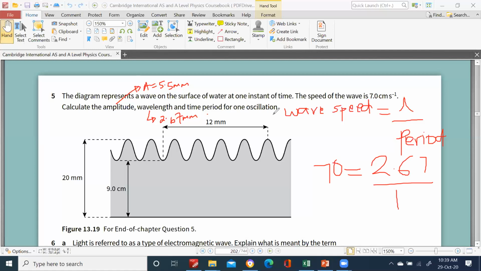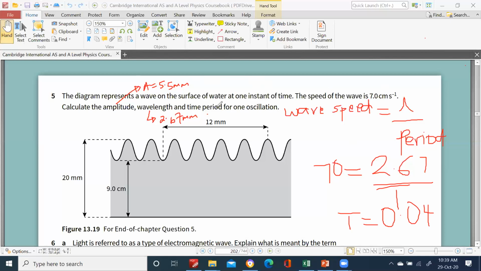Then over T, capital T. So our answer is 0.04. Okay, that is nice. In case you have computed very well, then that is nice. Of course, don't forget the units, that is in seconds as well.